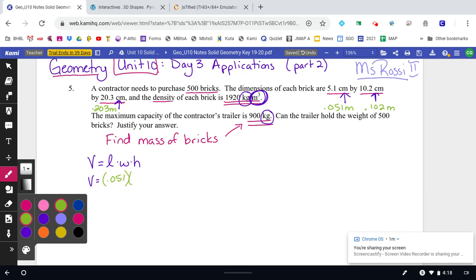Okay, so now I'm going to plug my numbers in. I'm going to put that into my calculator, and I get 0.001056006 meters cubed.